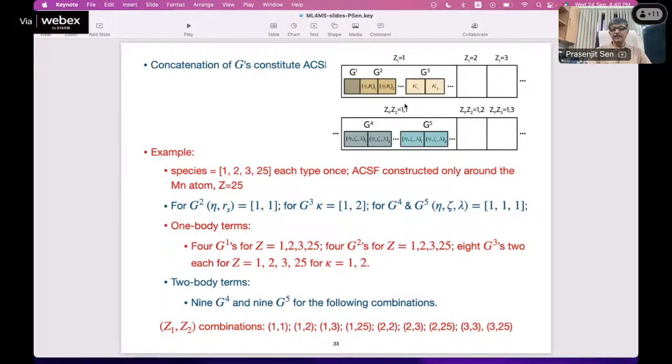Then the three body terms: you have the central atom, then you have to identify two other neighbors. They are identified by their atomic numbers, so in this example, 1 1, 1 2, etc. If you do not specify the elements present in your data set, by default dscribe will try to go all the way from hydrogen, z equal to 1, to some maximum value.